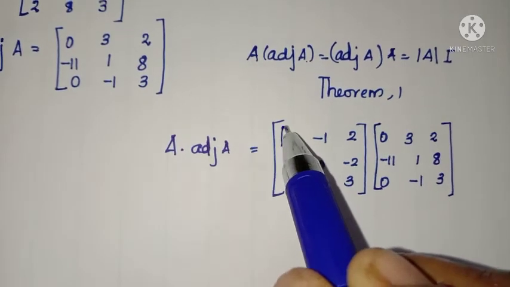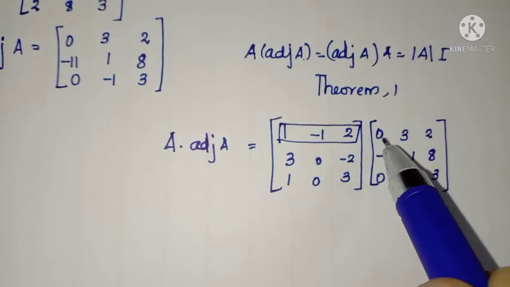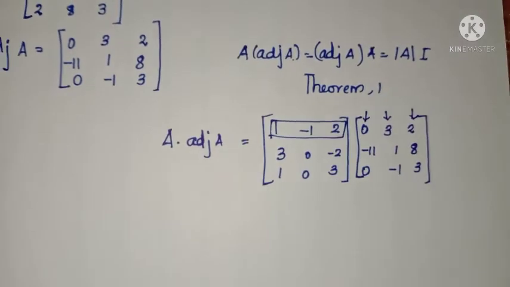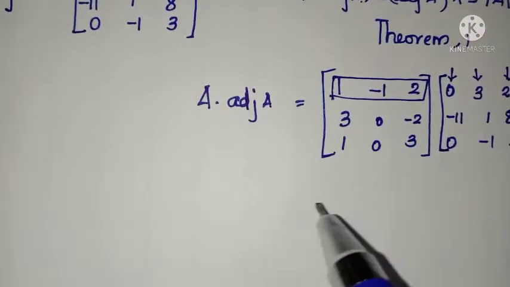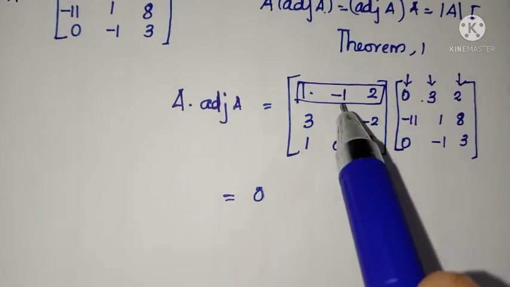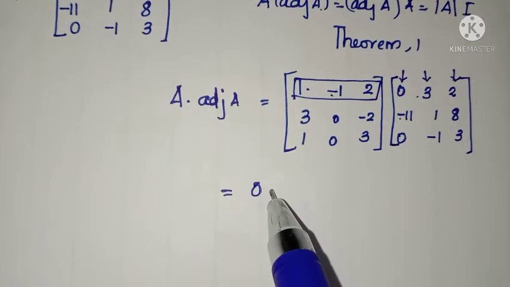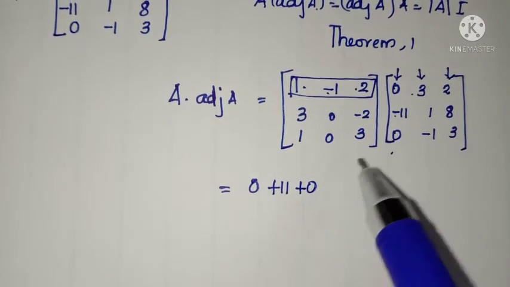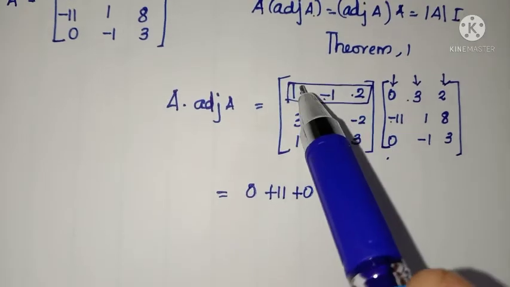Matrix multiplication is first row, first column, second column, third column. Okay. So this gives, listen, 1 into 0, 0, minus 1 into minus 11, plus 11, 2 into 0, 0. This is the first element.